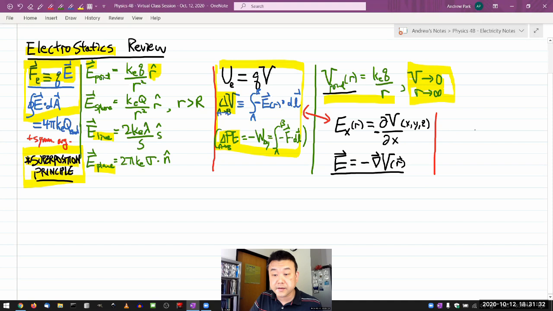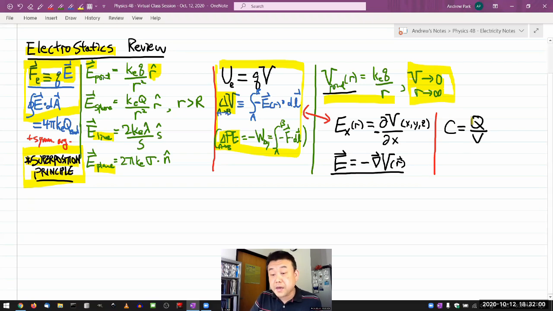Capacitance C is defined as the amount of charge stored in some arrangement, which usually involves two conductors, with plus Q on one and minus Q on the other. So the amount of charge is stored, and there's a voltage difference between those two conductors. Take the amount of charge divided by V, and that'll give you capacitance.